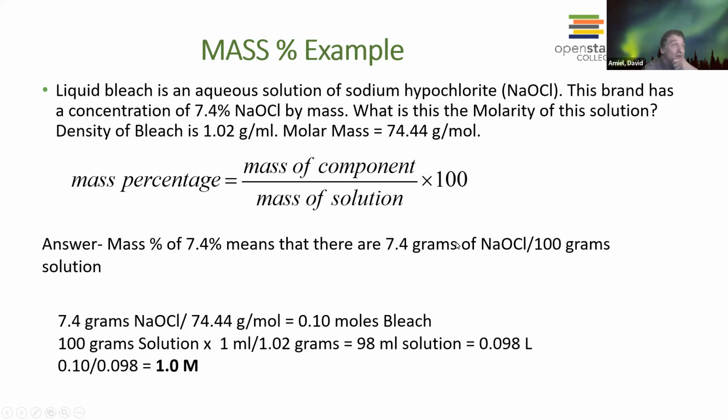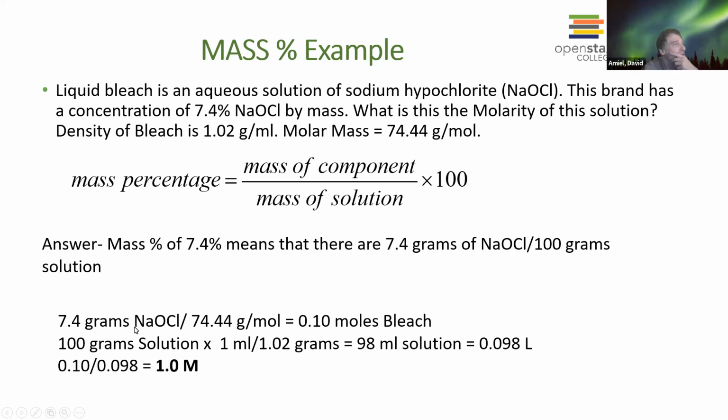Once you know the number of grams of sodium hypochlorite, you get the moles. So we're just trying to unpack the molarity definition, moles of solute per liter of solution. So this first line here to get the moles gives you the numerator in the molarity equation. We have 0.1 moles of bleach.